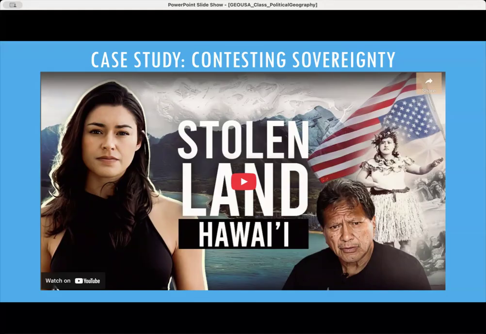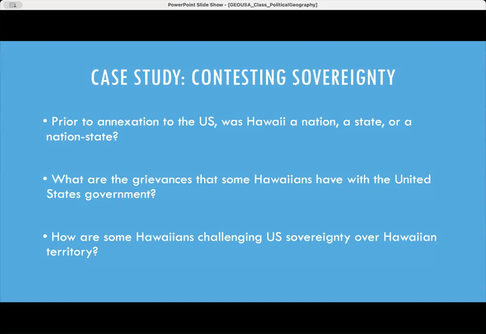That's just to exemplify, right, that you have a people who consider themselves a nation, who were occupied, then had their government overthrown, thereby losing their sovereignty, thereby losing their control over their own territory, right? Again, these are really important terms in political geography.